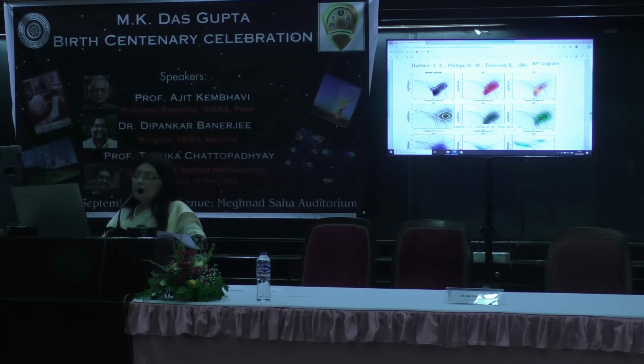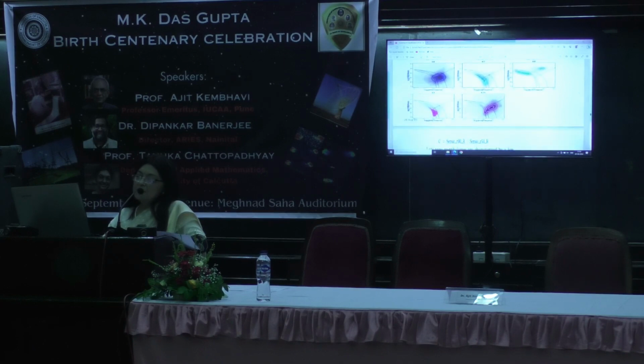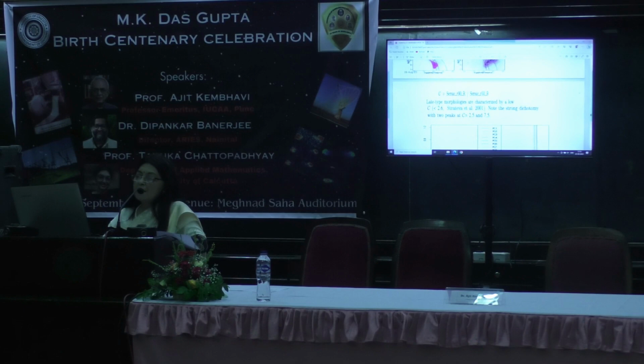So you see that in different groups they have different interpretations. And also we have computed one concentration index. The concentration index is R90 over R50, where R90 is the radius where 90% of the light is confined, divided by R50, where 50% of the light is confined. And this is called the concentration index.